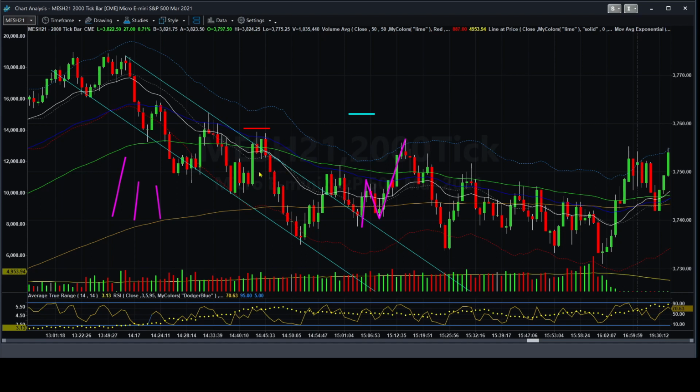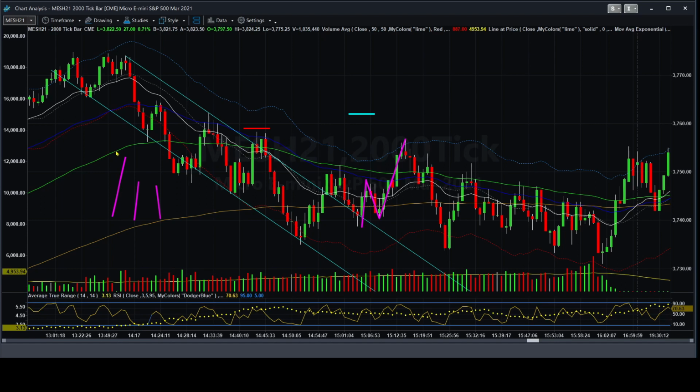And I have other indications, for instance, a rejection of the moving average. Price action rejects the blue moving average here, and rejects this resistance level of the trend channel.